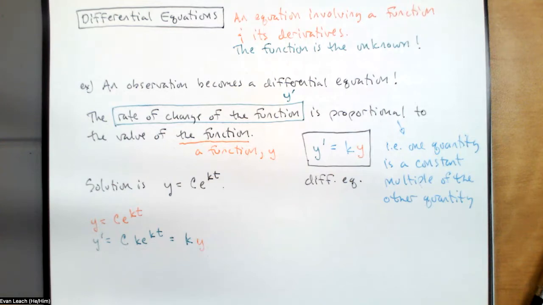Ce to the kt is what we started with. The derivative is k times ce to the kt.